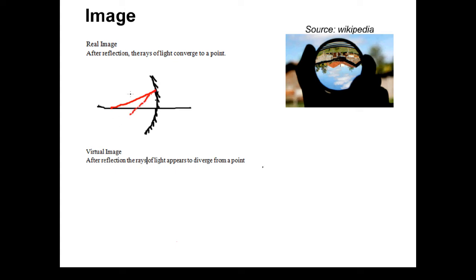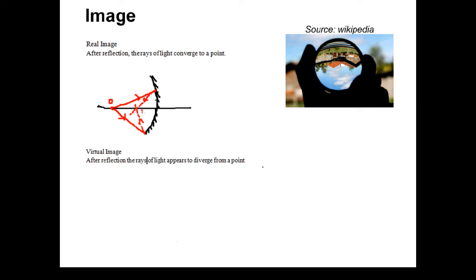Similarly, from this object, another ray will be going. After reflection, it will also pass through this point. So this is the object distance, this is the object, and this is the image.